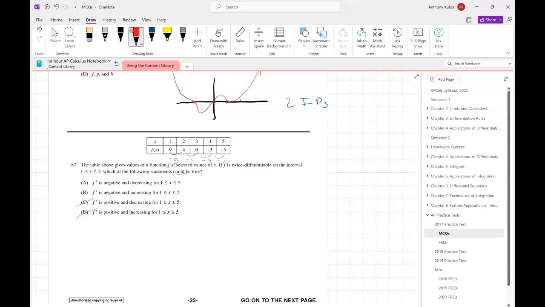So if I look at the slope of these, that's plus 1, plus 1, plus 1. So what are you noticing here? It's increasing. So f is negative and increasing. That's how I did that. Does that make sense to you guys? Those slopes keep getting bigger, which means that the first derivative would be increasing.